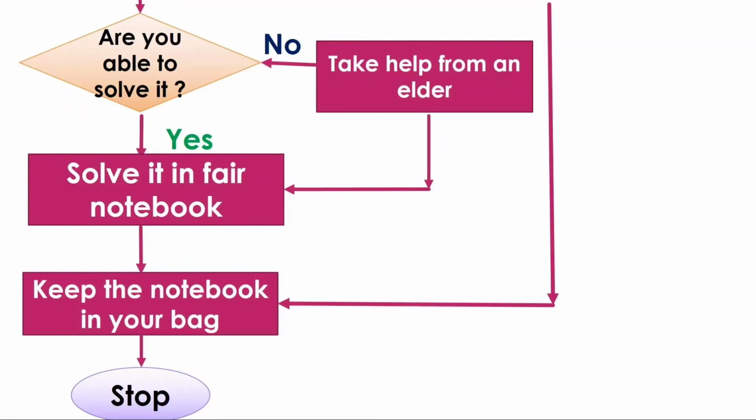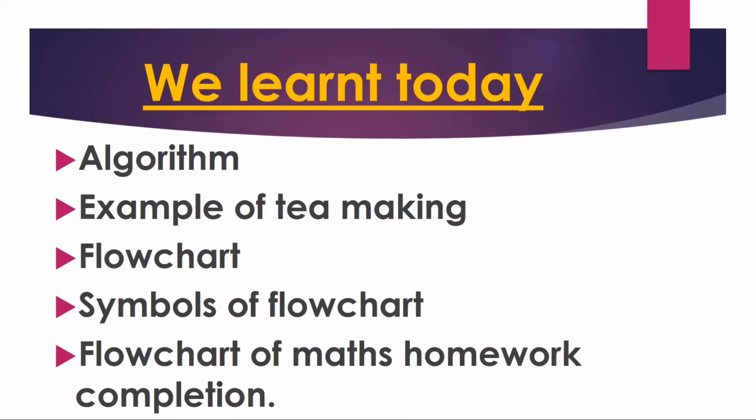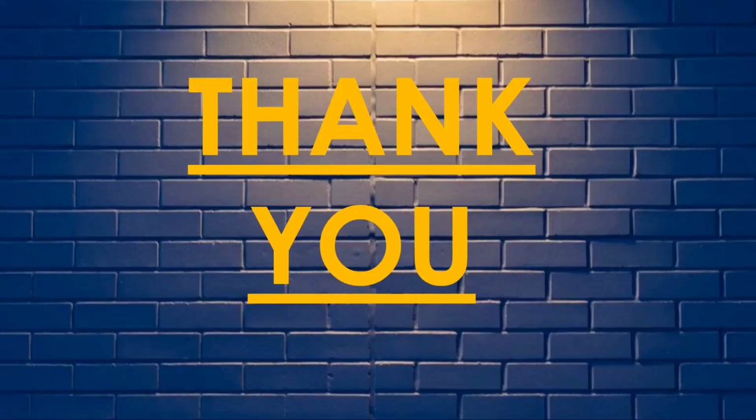This whole chapter depends on these two topics, that is algorithm and flowchart. We have learned today algorithm, example of tea making, flowchart, symbols of flowchart, and flowchart of maths homework completion. Not only flowchart, we have seen the algorithm also of maths homework completion.